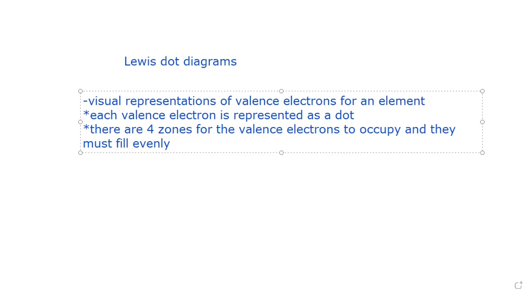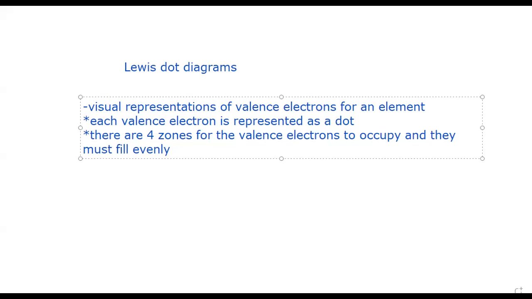So if we go back again, what we can see again, we've got these 4 zones here. We can very clearly see from this visualization what needs to happen to that element to get it to its full octet.